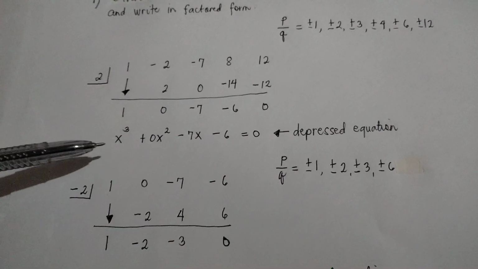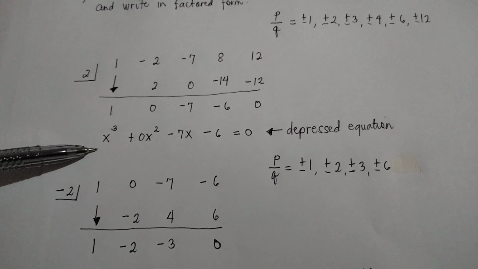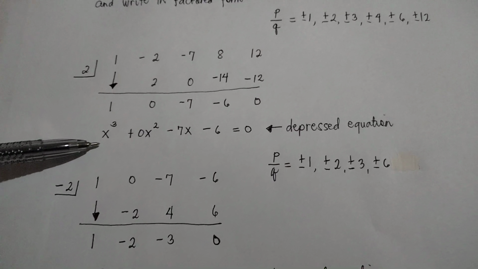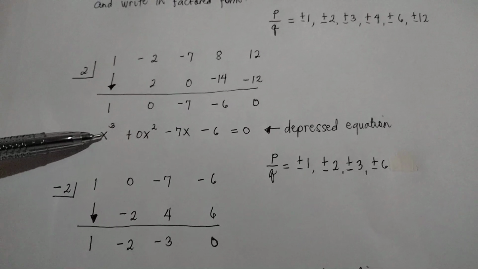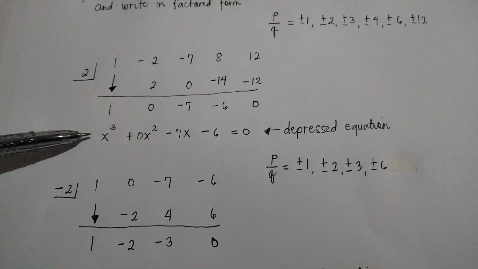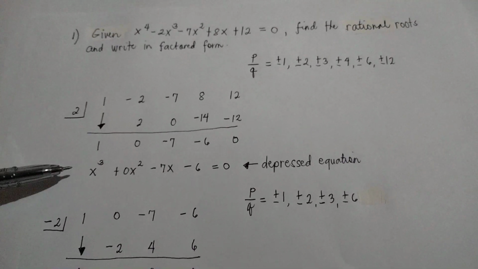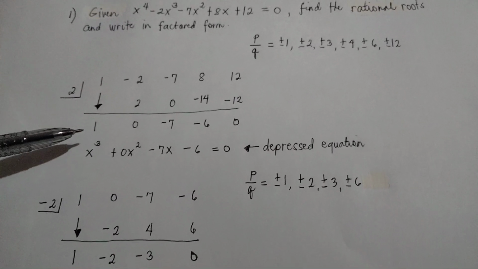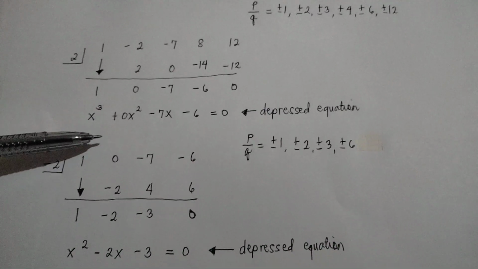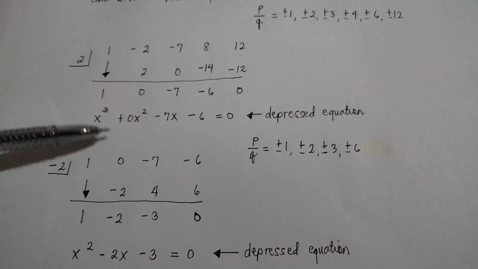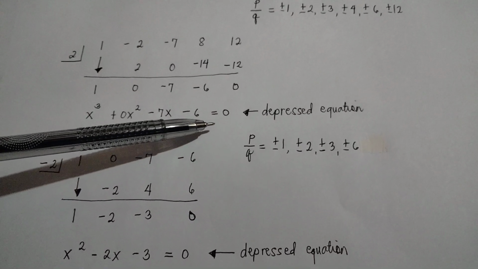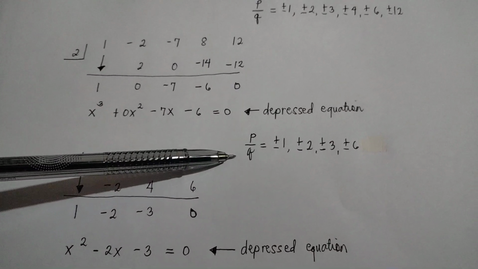Next, our quotient now is x cubed plus 0x squared minus 7x minus 6 equals 0. So this is now our polynomial equation, and this is called the depressed equation. Let's continue. Let's apply again the rational root theorem, p over q.